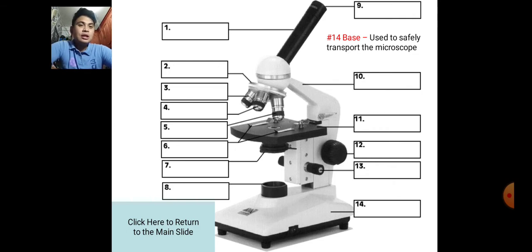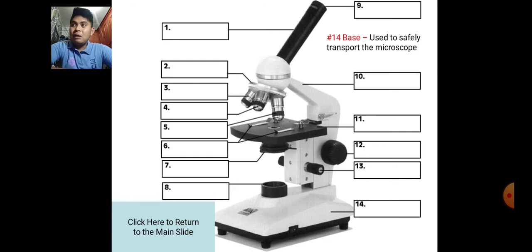If we will see, the base and the neck have the same meaning because they are very important. They have a similar role in the parts of the microscope.